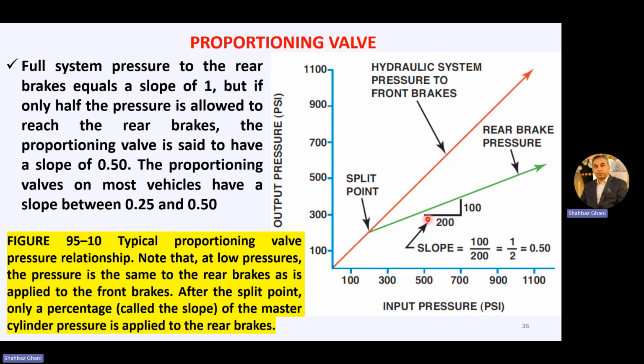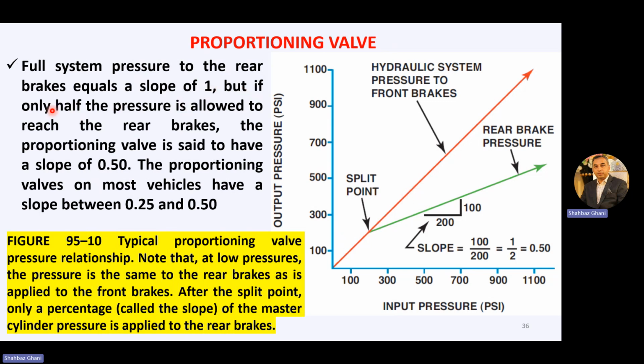Then in the rear brakes, we have this slope. On the x-axis, this is 200 and on the y-axis 100. If the slope is 100 by 200, that means 0.5. Full system pressure to the rear brakes equals a slope of 1. If we have full system pressure, meaning 100 by 100, then it is a slope of 1.